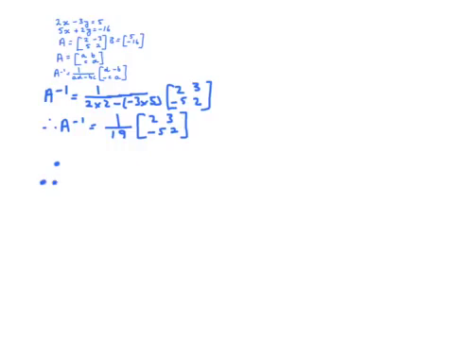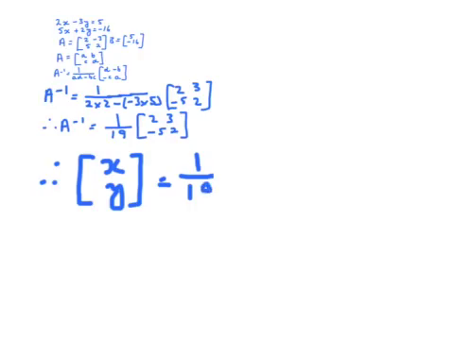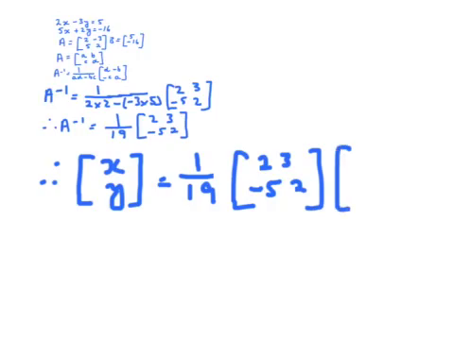So therefore, now we can say X, uppercase X, but we can write it as that vector, like so, equals 1 over 19. This is step 3, by the way, like so, times B, and we said B was 5 and -16.